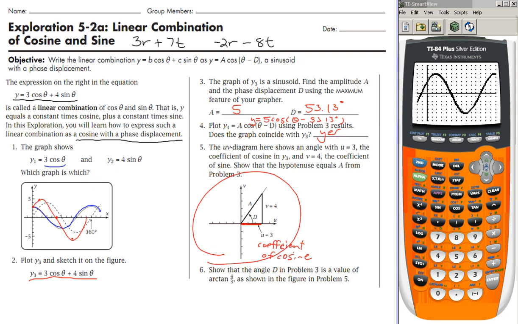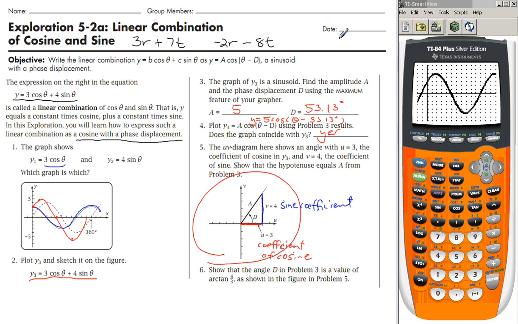And then the v coordinate here, this is the sine coefficient. Okay, this is easy to remember because u is cosine, v is sine. It's the same thing here. So what we're doing is we're just going to observe some interesting things about this triangle that give us the important things that we need in order to write this equation the way that we wrote it from the graph.